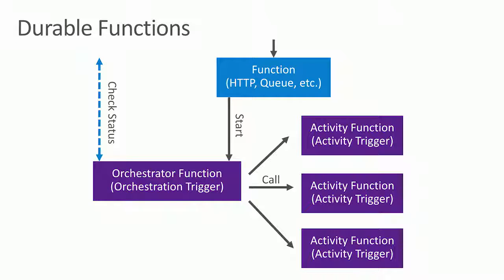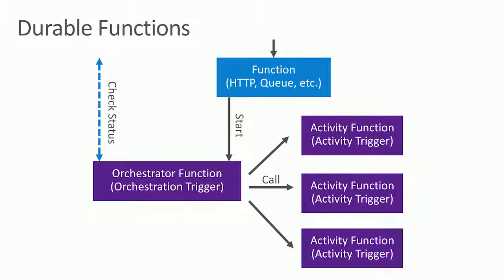So you'll have a function that starts an orchestrator function, which is a function that's very special, specifically for orchestrating this process. And that orchestrator might call a number of different activity functions, either in parallel or sequentially, waiting for human intervention, whatever that orchestration is. And what's great here is that your orchestrator function actually exposes a status endpoint so that you can check status or get the end results of that orchestration once it is completed.